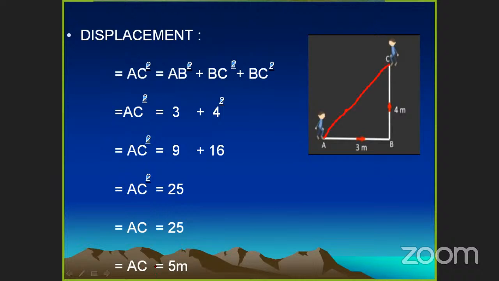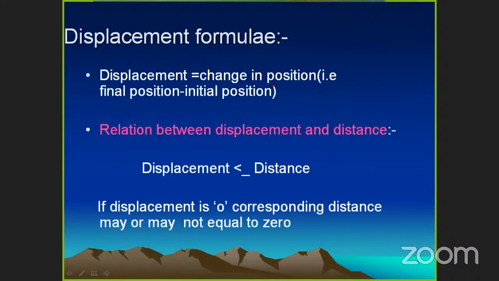And the formula of displacement: displacement is equal to change in position. That is, final position minus initial position gives us displacement. The relation between displacement and distance: what is the relationship between distance and displacement? Displacement is always less than or equal to distance.